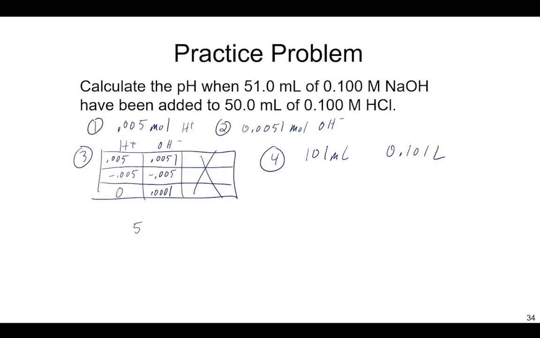And so my new concentration now, what is left? OH minus. So I'm calculating an OH minus concentration based on the ICE chart moles that I have left, divided by this new volume.